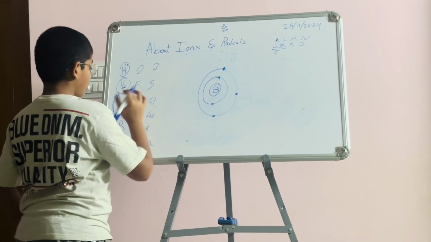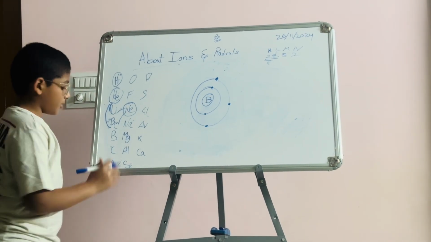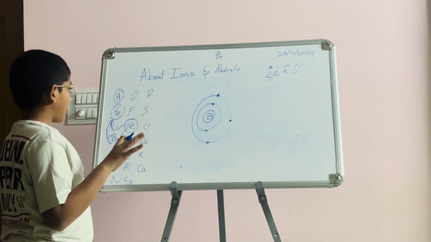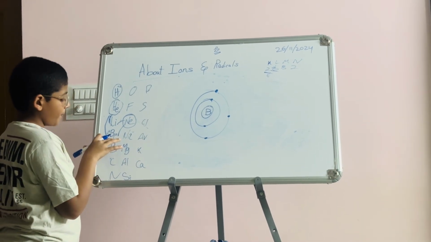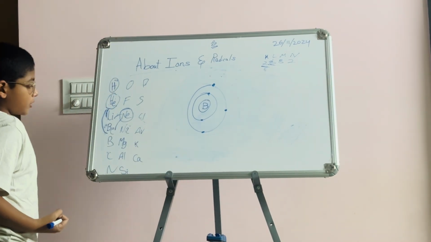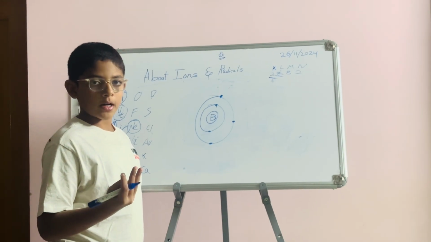So these lose electrons. Let's say there are 8. For boron, is it better to get 5 electrons or give 3 electrons? Giving 3 electrons is better, right?